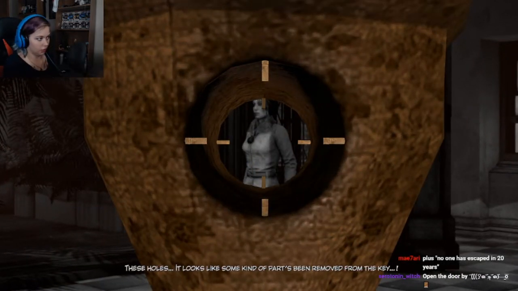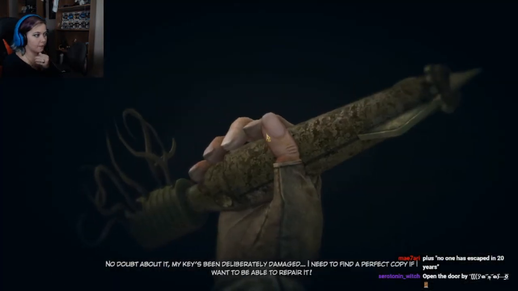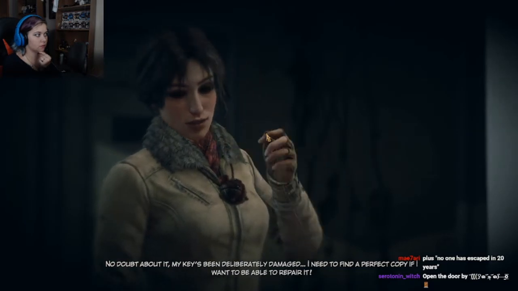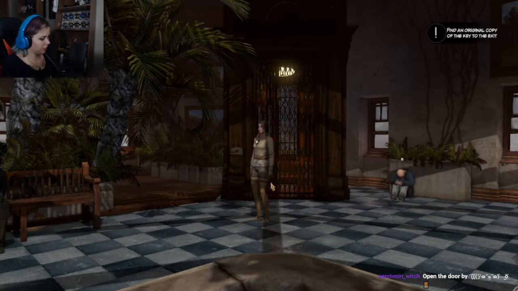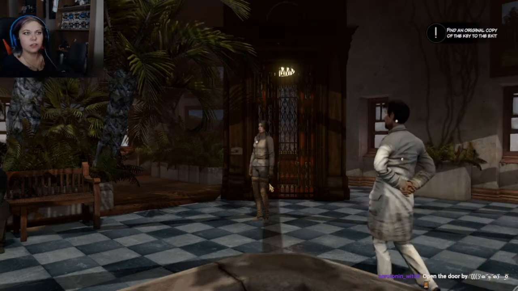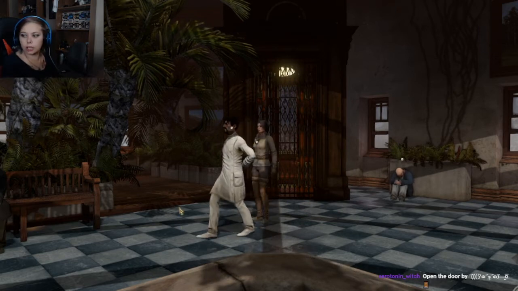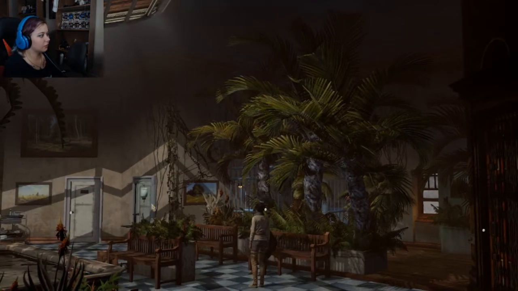There's a hole in it. Okay, these holes. It looks like something's been removed from the key. No doubt about it. My key's been deliberately damaged. I need to find a perfect copy if I want to be able to repair it. A perfect copy of what? Find the original copy of the key to the exit. Oh, okay. It was a copy of the key.